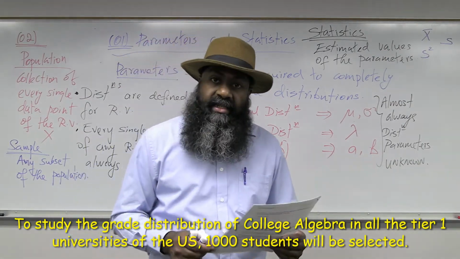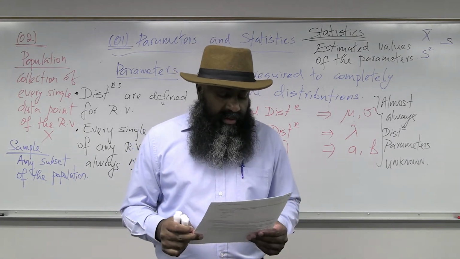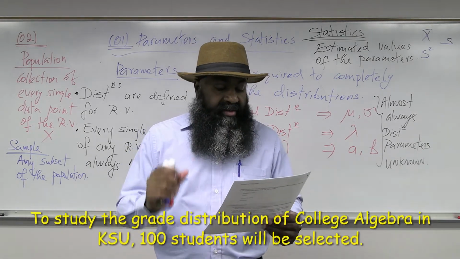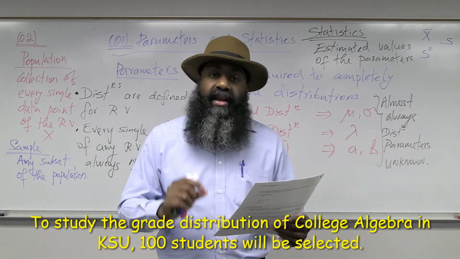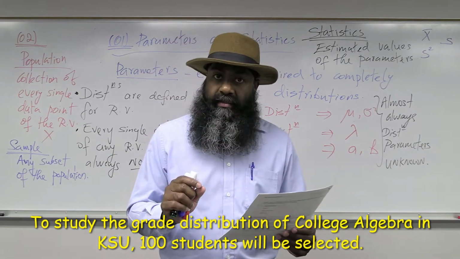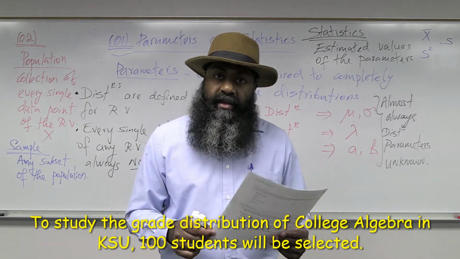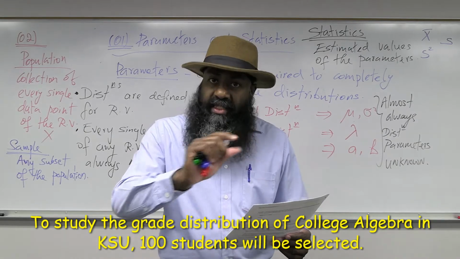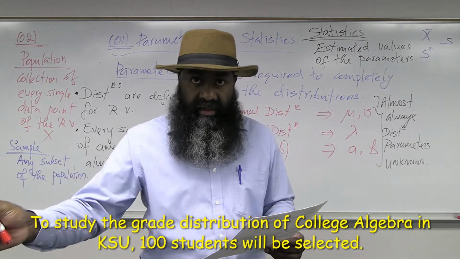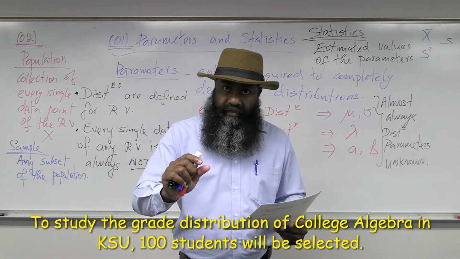The sample is the selected 1,000 students. Part B, to study the grade distribution of college algebra in Kansas State University, 100 students will be selected. What's the population and what's the sample? The population is all the students in Kansas State University. The sample is the selected 100 students.